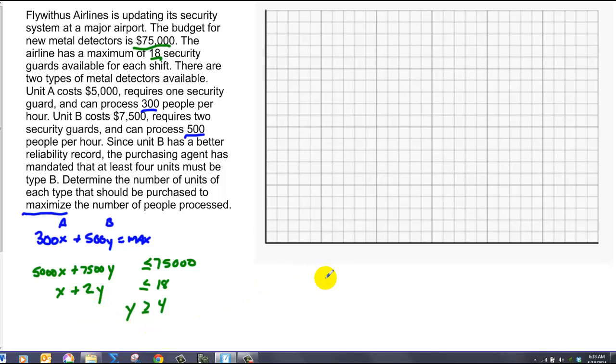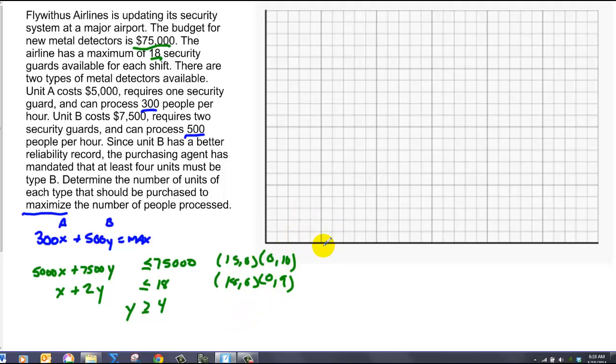So there are my equations. Let's go ahead and find my intercepts. That's 15, 0, and 0, 10, followed by 18, 0, and 0, 9.